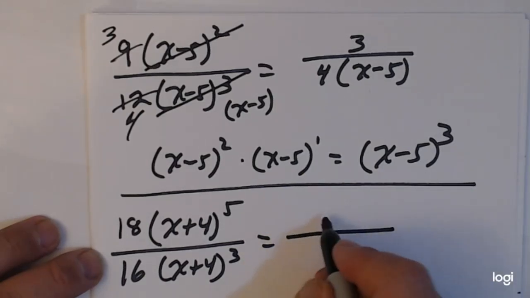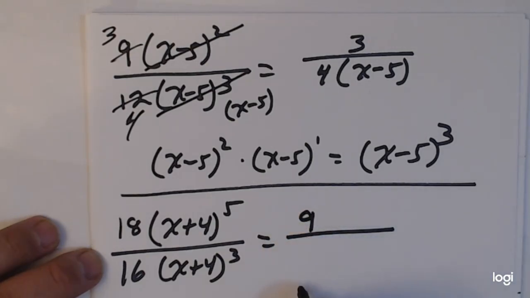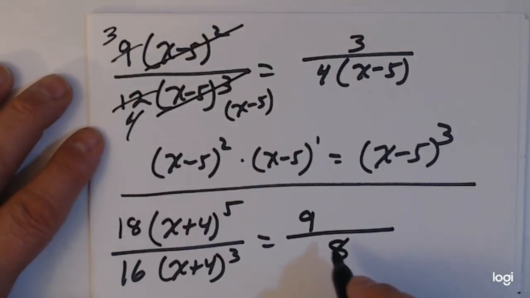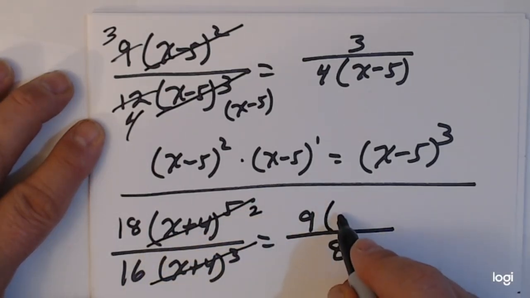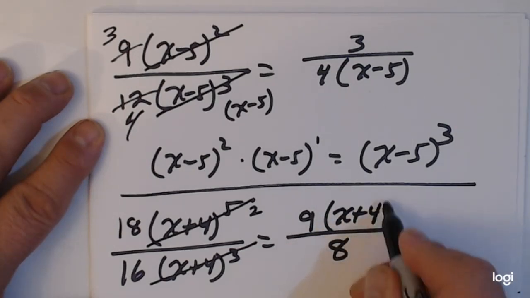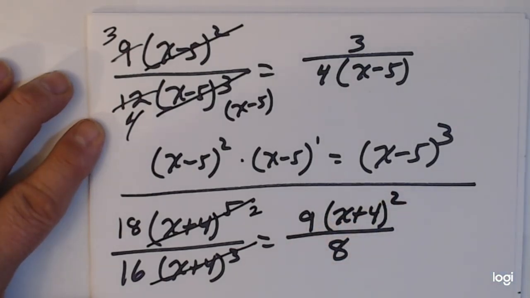So we're going to have 9 over 8. And x plus 4 to the 3rd, that's going to be our greatest common factor. So that goes into itself 1 time, and it goes into this 2 times. So it's 9 times x plus 4 squared.